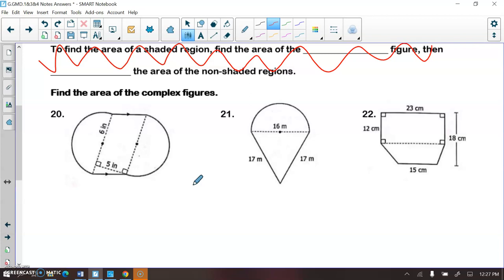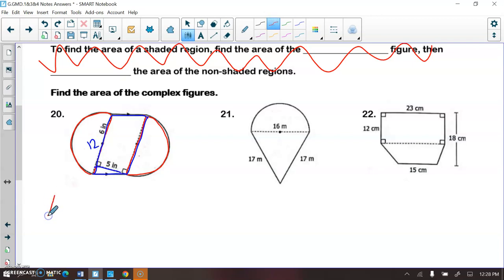In number 20, we have a half a circle with a radius of 6, and we have another half of a circle that also has a radius of 6. So we have one full circle with a radius of 6, and then we have a parallelogram here with a base of 6 plus 6, which is 12, and a height of 5.